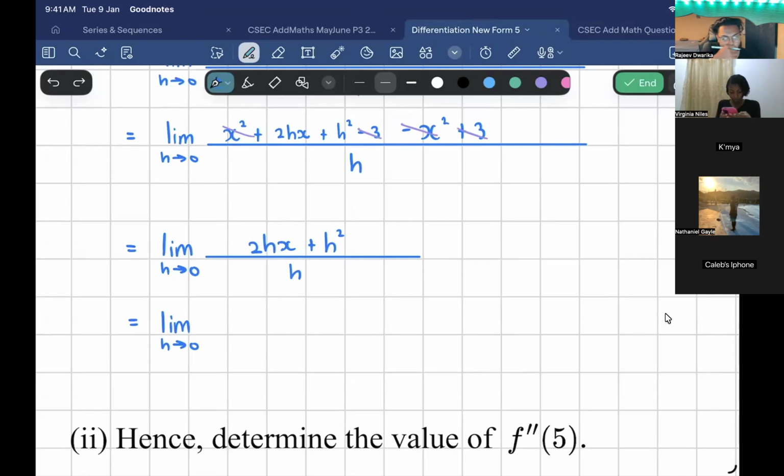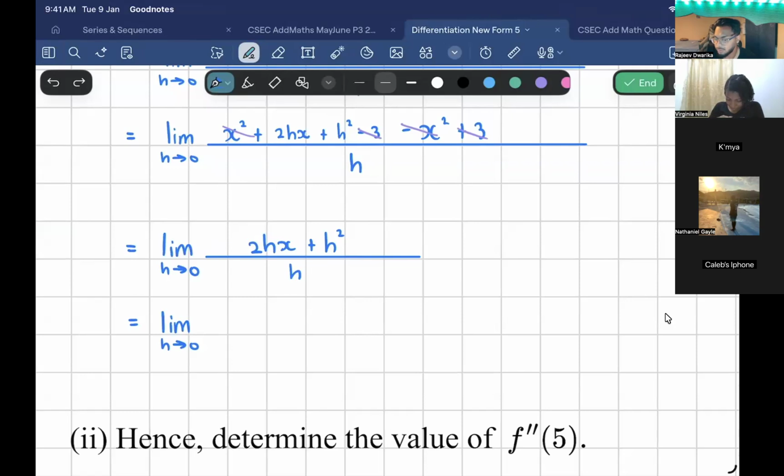Caleb, what could I factor out? See that again, sir? What do you see in common between these two terms? Both of them have h. So if both of them have h, what could I do? Think GCF. What is GCF?